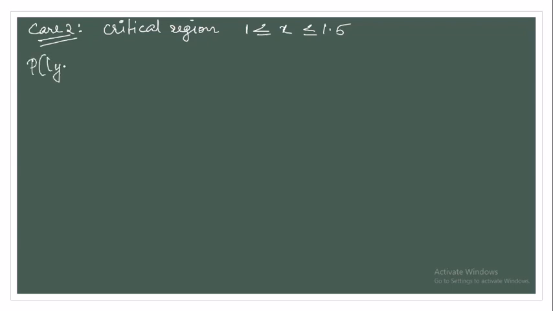Now case 2. Case 2 is when your critical region lies between 1, also 1 is included here, 1 less than or equal to x less than or equal to 1.5. So case 2 is this, and here let's have a look at your type 1 error.